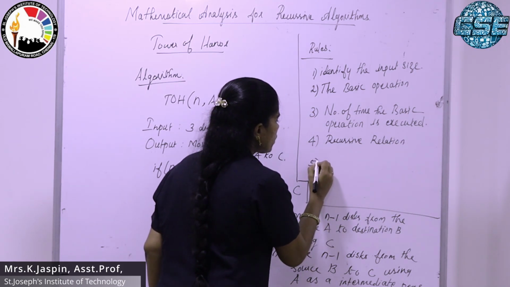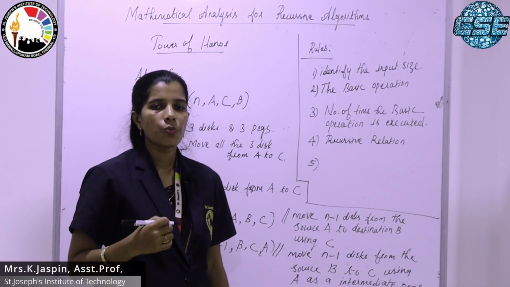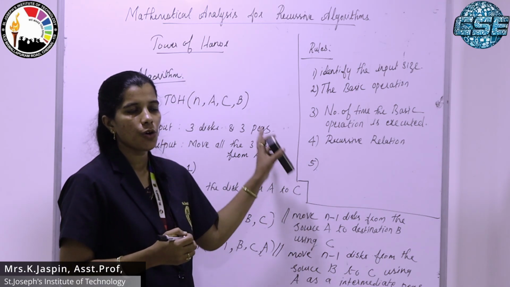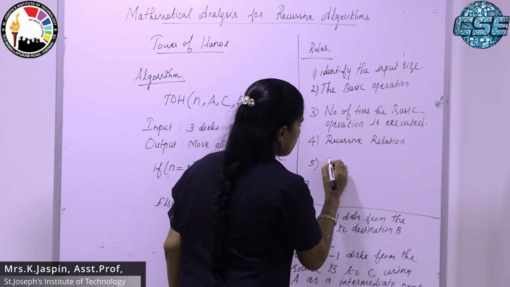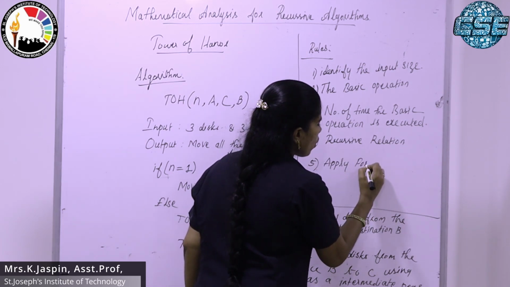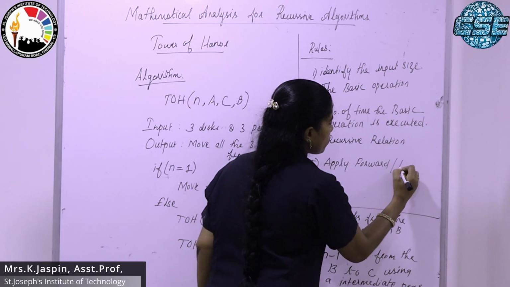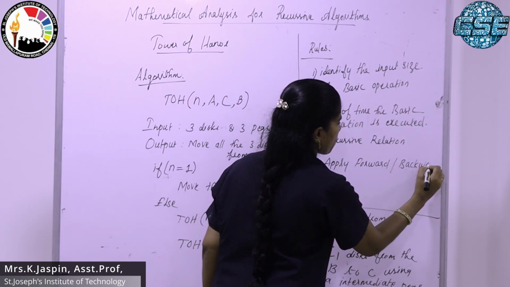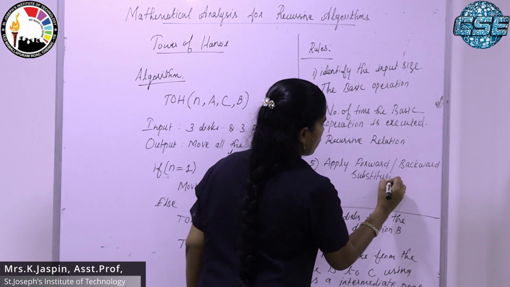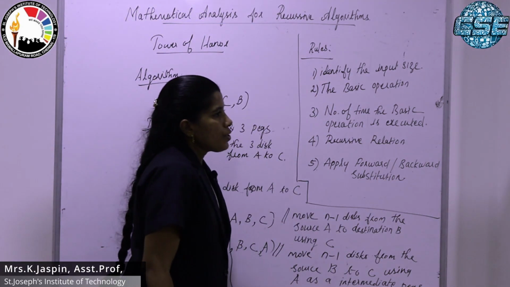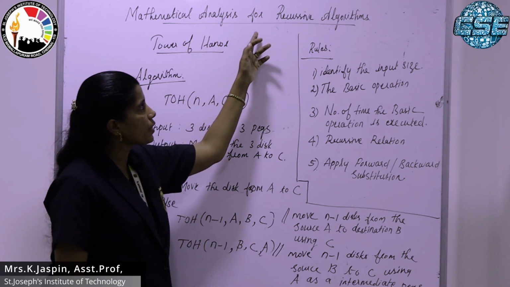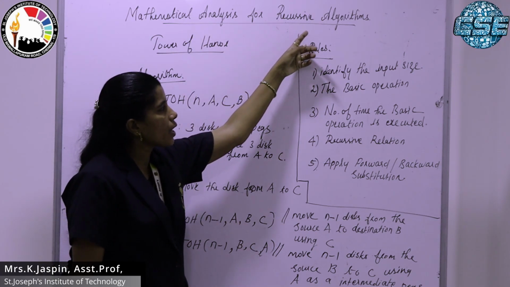At the fifth step, we need to apply some forward or backward substitution method to find the time complexity of this recursive problem. Apply forward or backward substitution.